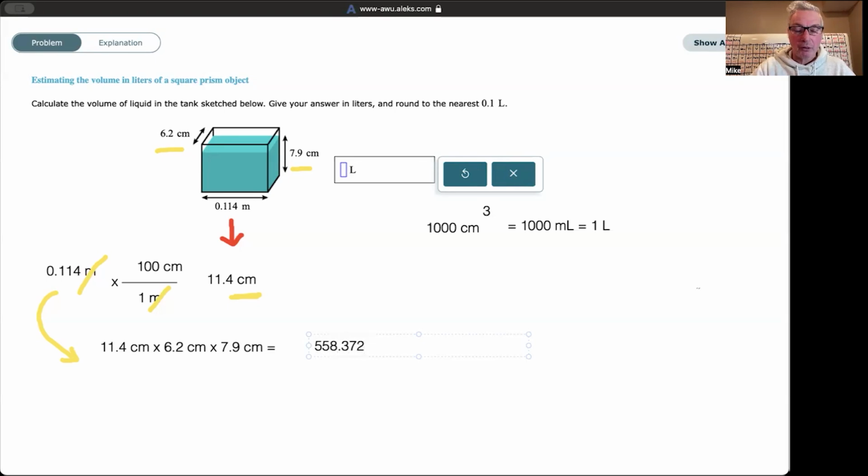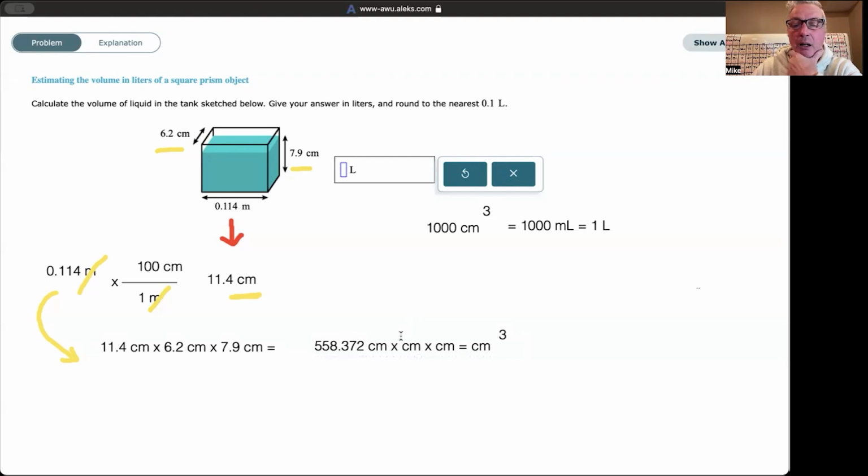558.372 centimeters times centimeters times centimeters. I know I didn't do that in the last one. I'm just trying to make a point here that that is centimeters cubed, and that is a unit of volume. Now here's where things are a little squirrely.